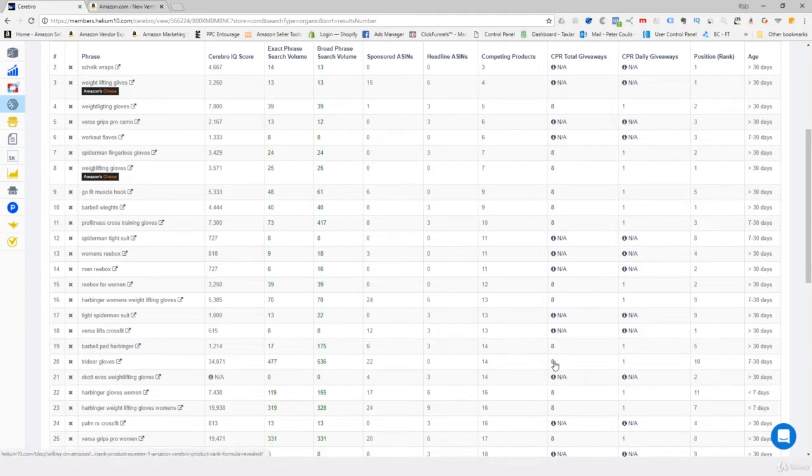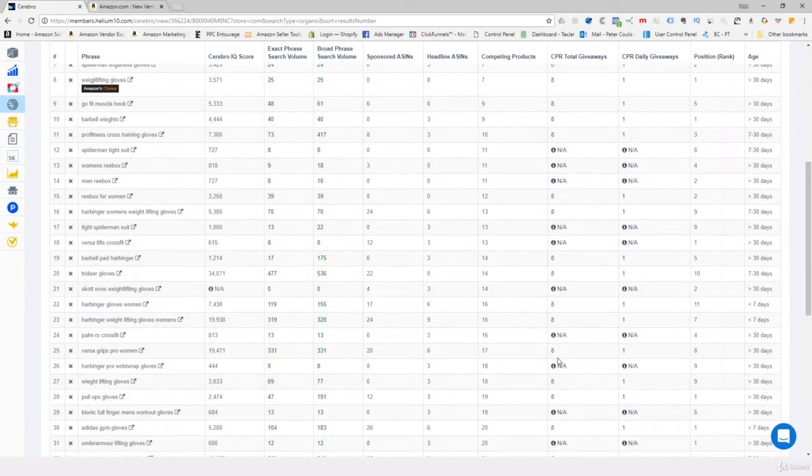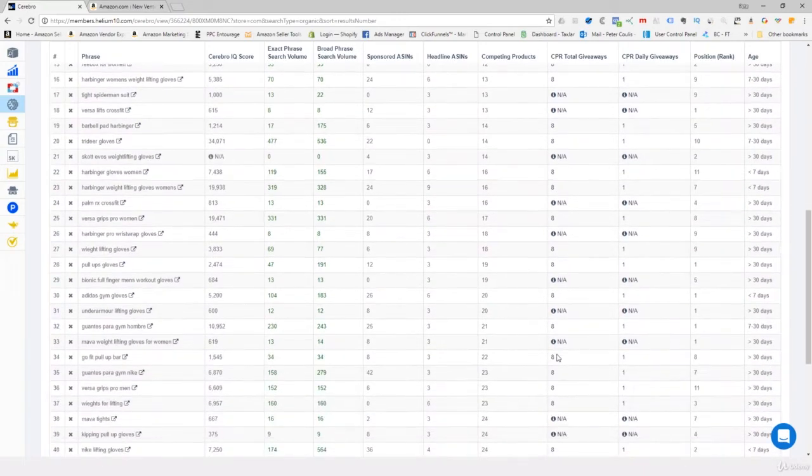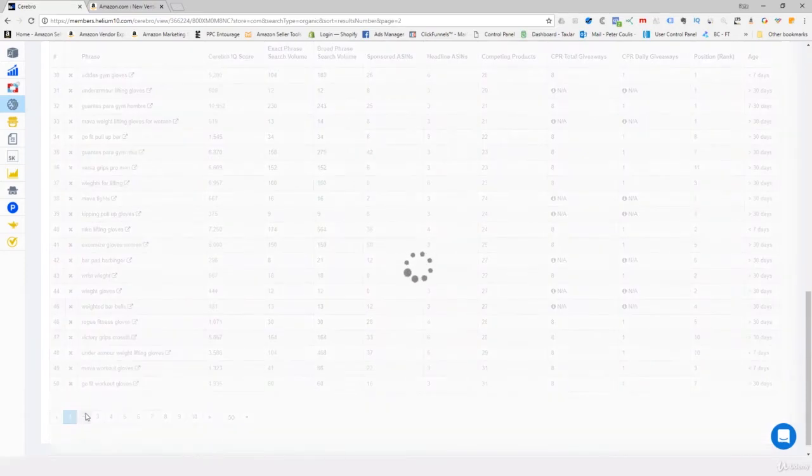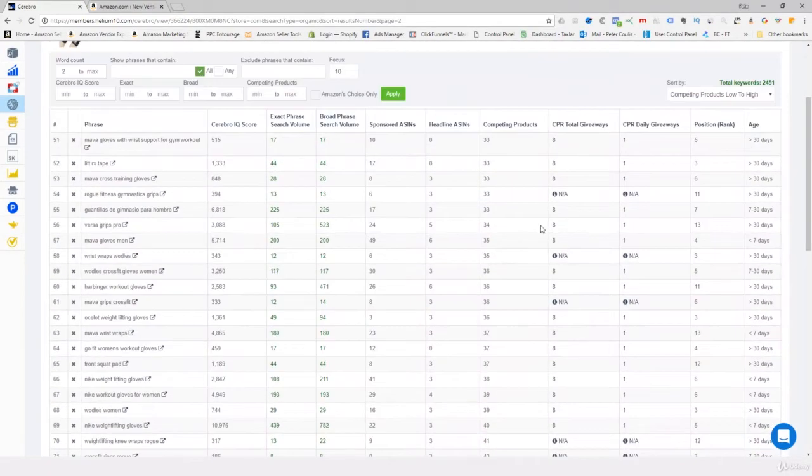Again, extremely low competition in comparison to the search volume. Let's keep going. And again, if it's all brand dominated, you want to pretty much always ignore the brands.